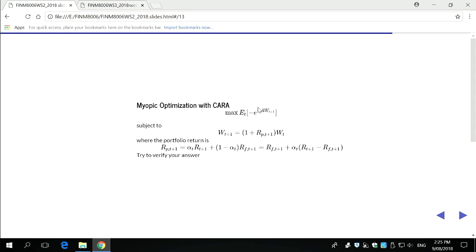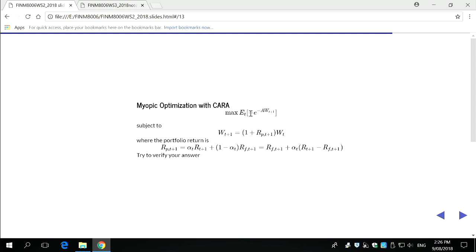But some of you will say, if I remember correctly, my CARA exponential utility function is 1 minus e to the power of minus a of w, or a of c. Remember that? If you look at your lecture notes, the function I give you is just minus e to the power of minus something.